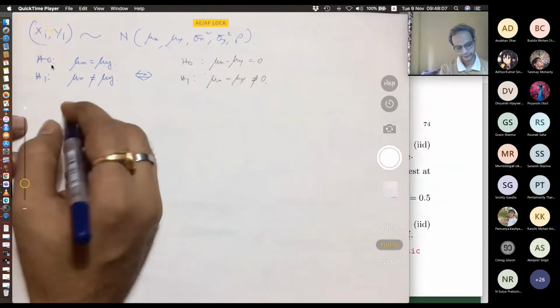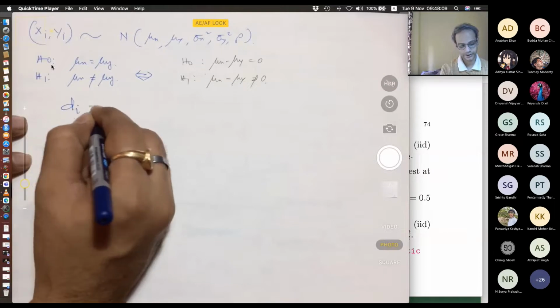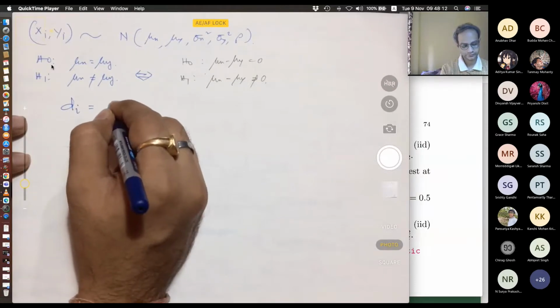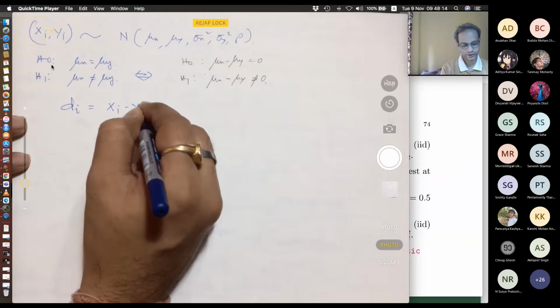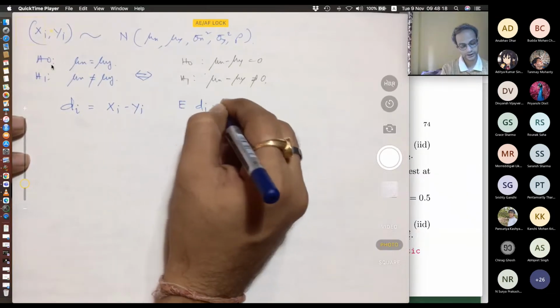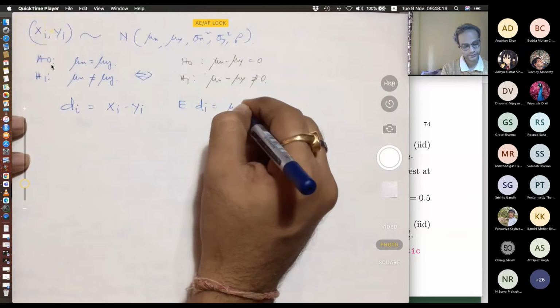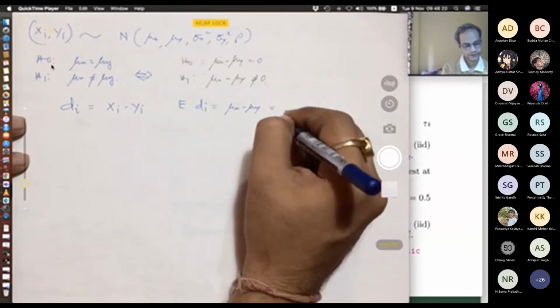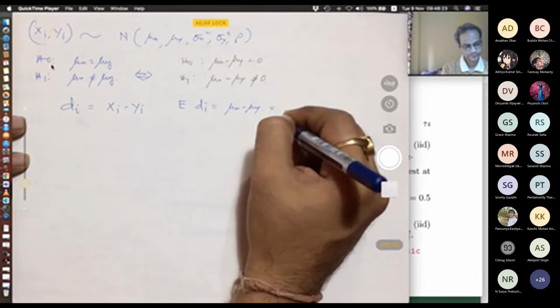So given this hypothesis, let us define di, which is xi minus yi. So expectation of di equals mu x minus mu y. I can call it mu d.